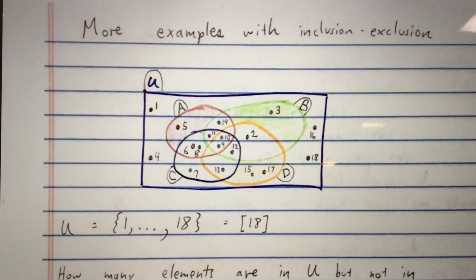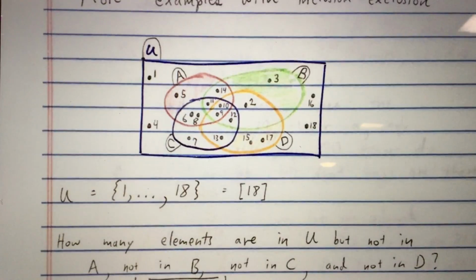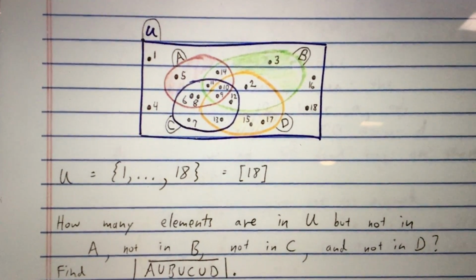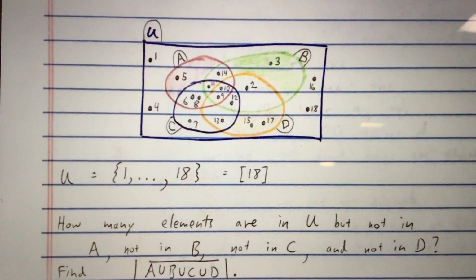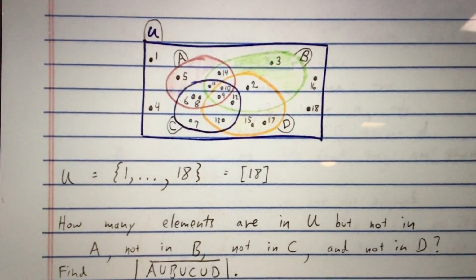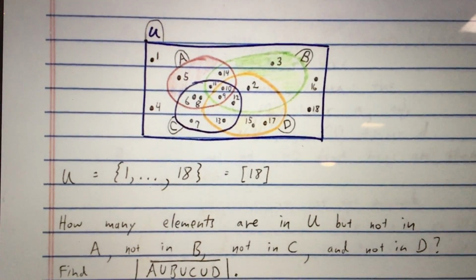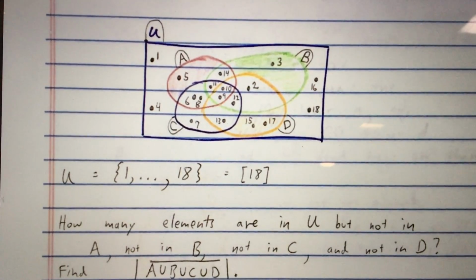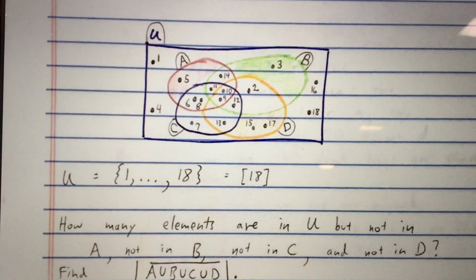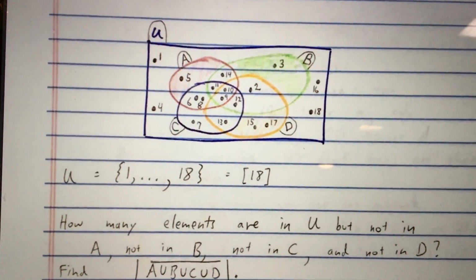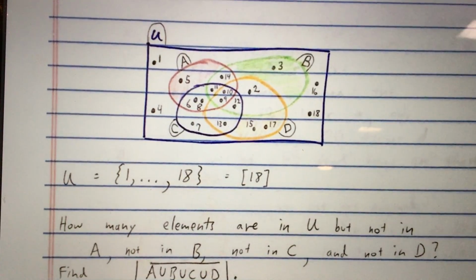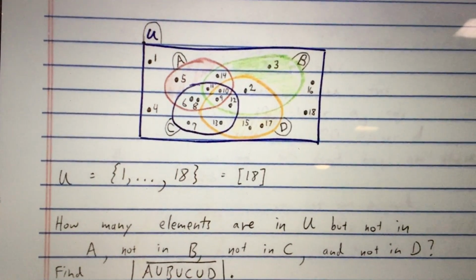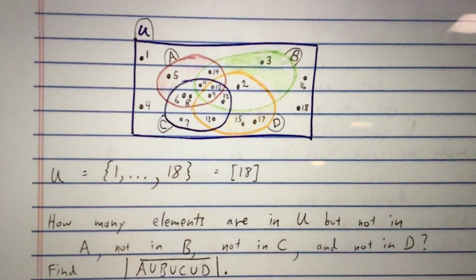All right, so let's see what the problem is asking here on this example. First of all, I'll let you know that there are 18 dots. The set U is the numbers 1 through 18. They're scattered around inside that box. The square brackets around 18 are another common way to shorthand write the set 1, 2, 3, all the way up through 18 that you'll see in some combinatorics books and papers.